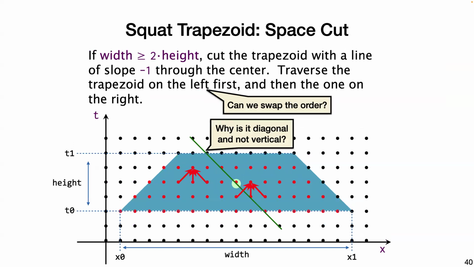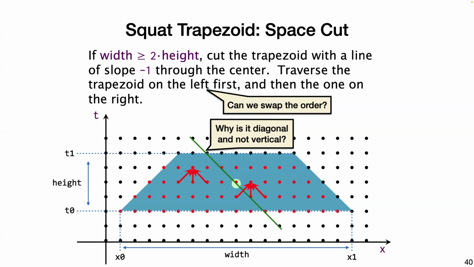So there are two cases for the divide and conquer, because now this is not necessarily a square. One is that if the width is at least twice the height, so the trapezoid is wide, we're going to cut it horizontally. You cut the trapezoid with a line of slope -1 through the center like this. Then you get these two sides of the subproblem.